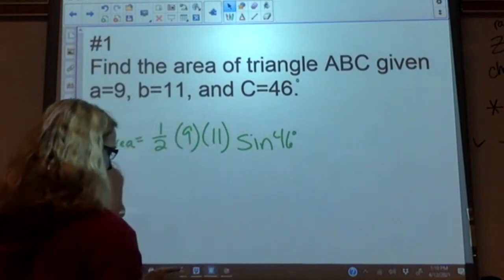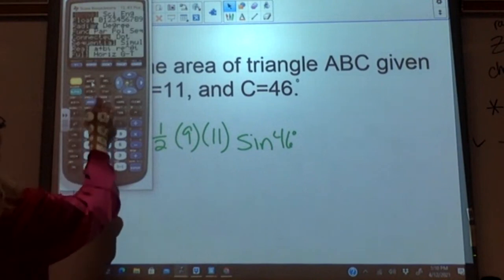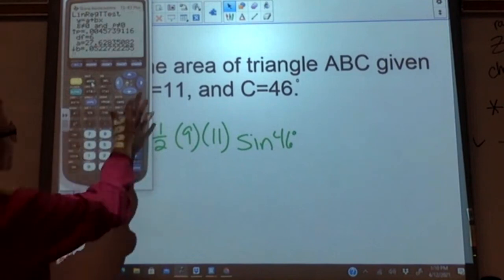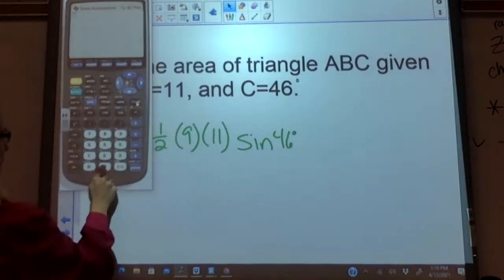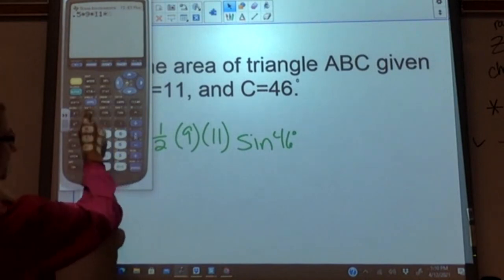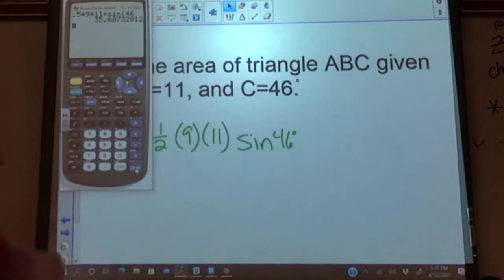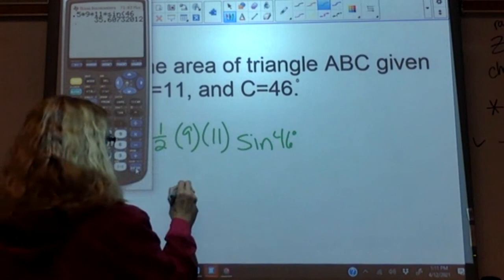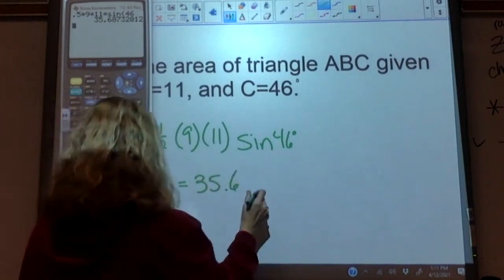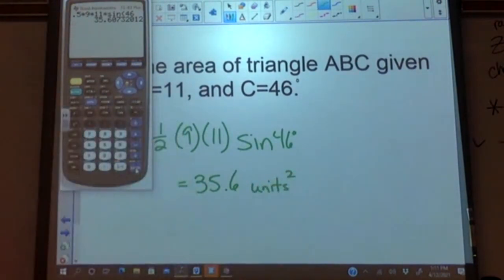And so I'll put all this on the calculator. I need to see what mode I'm in, and I've got to move to degrees. So I do 0.5 times 9 times 11 times sine of 46. And this gives me 35.6. And it didn't tell me the units, so I could put units squared.